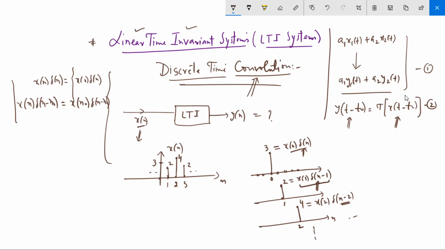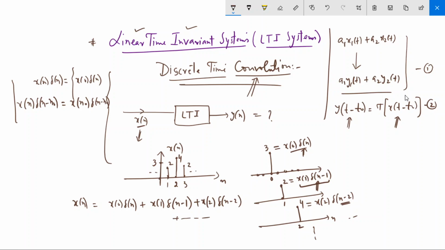So as a result, I can write x of n as x0 into delta n plus x1 delta n minus 1 plus x2 delta n minus 2, and so on.